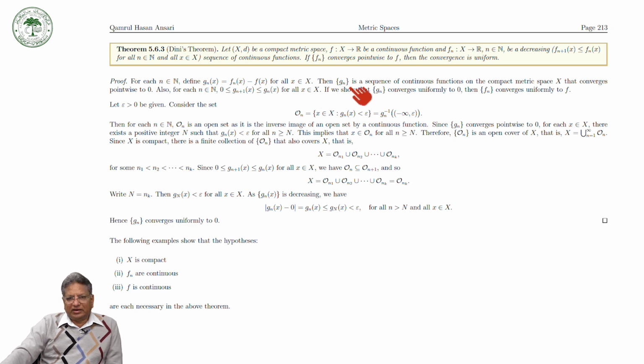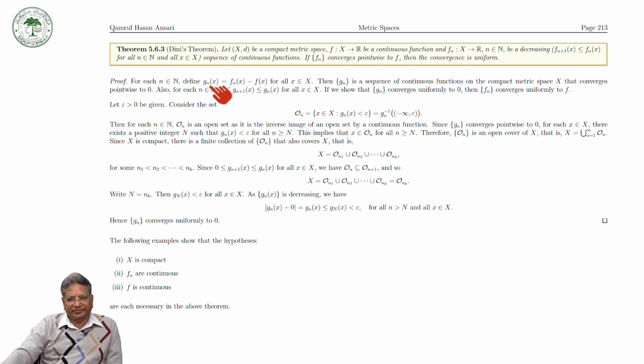Then Gn is a sequence of continuous functions on a compact space X that converges to 0, because Fn(x) converges to F. Fn is a continuous function, F is a continuous function, and the difference of continuous functions is continuous. So Gn is continuous and the whole thing will converge to 0. So Gn(x) converges to 0 pointwise.